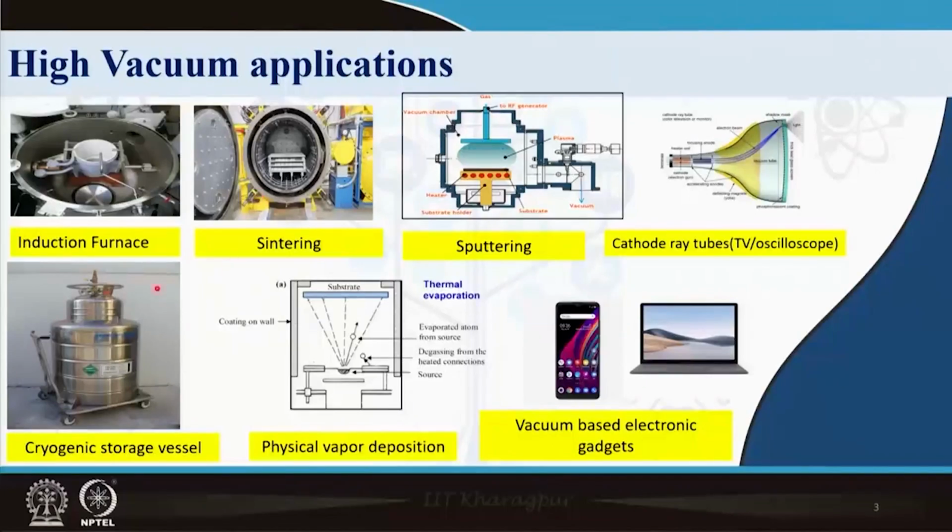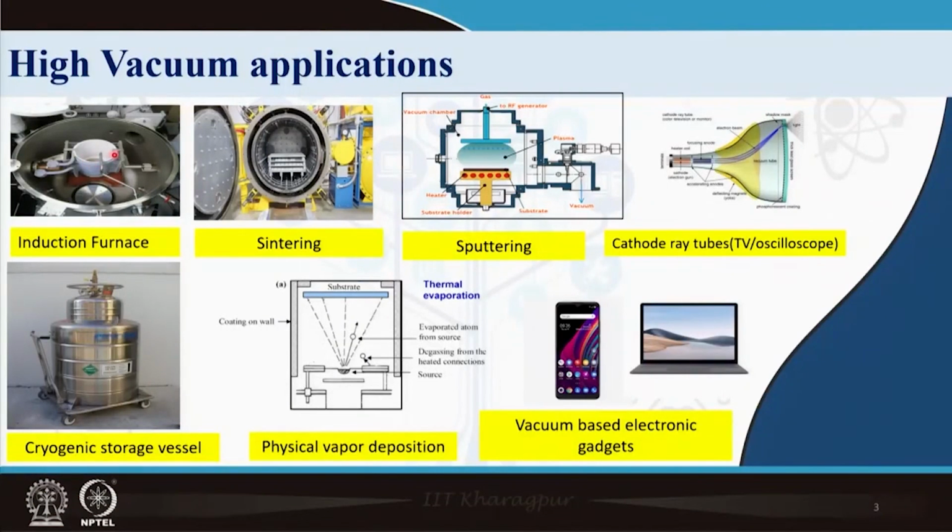So, in metallurgy, it is the materials processing under high vacuum to have proper structural things and minimum impurities and very good mechanical or thermal or other properties which are required for a particular application for which these metallic alloys are used, things like that. So, this is the induction furnace that we are seeing here.